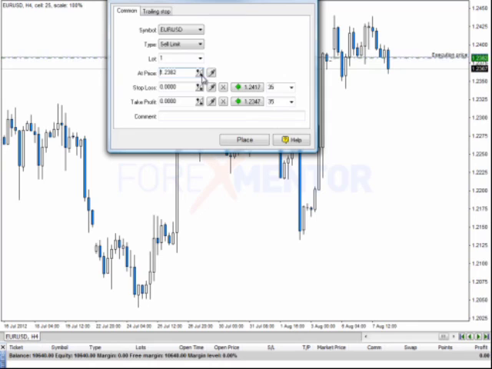It's a 4-hour chart. Stop loss just above here. Let me work it out quickly. Just above this bullish candle, so 20 pips, and you can shoot for 20 pips.